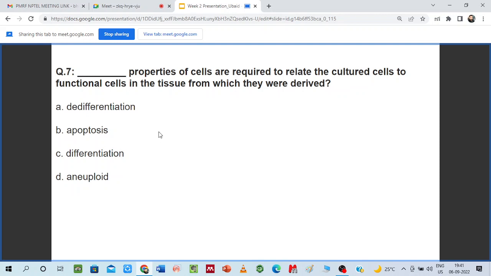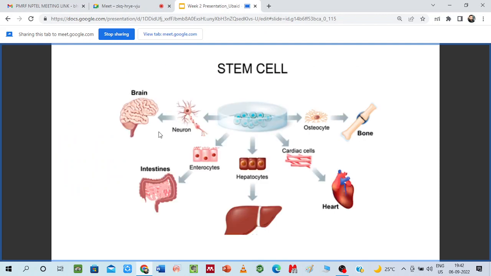I will explain how in the next slide. Usually the cells which have a pluripotent or totipotent nature are less specialized. Their function is only to make the different types of cells.